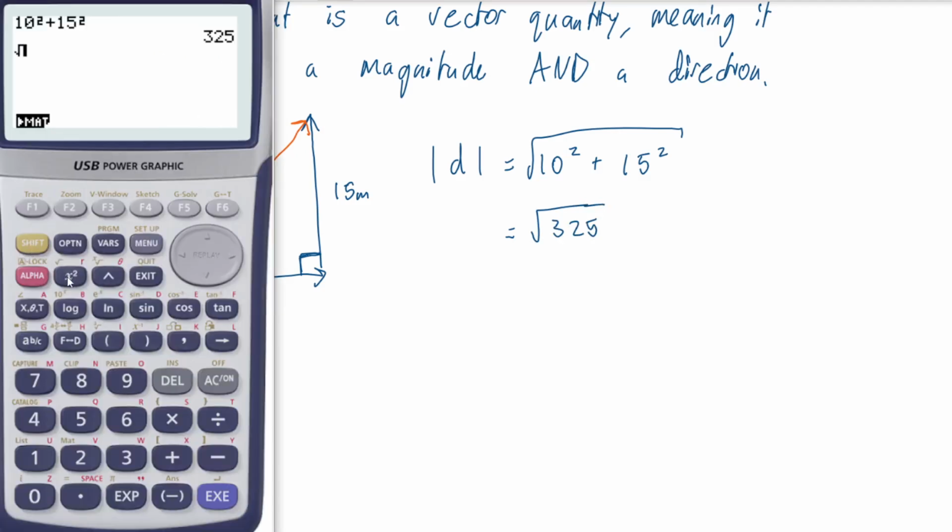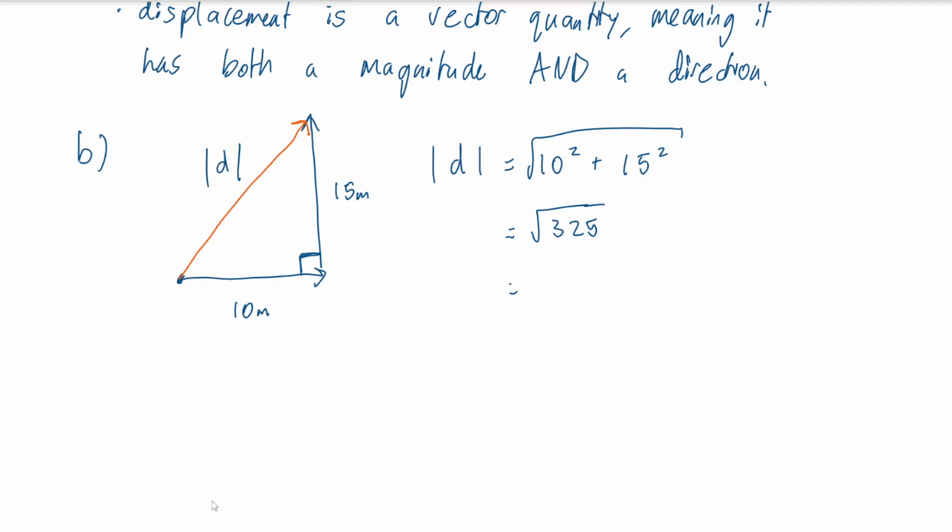So shift square root, shift answer, which is to 2 sig fig 18 meters. Now this distance is actually only to one significant figure, so if we're being proper about this, we would round our final answer to 1 sig fig to be in line with the precision that we're given in the question.